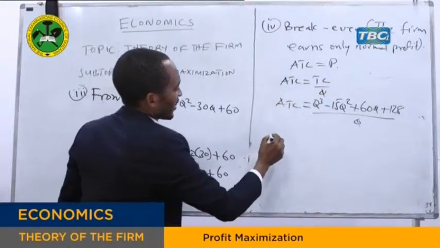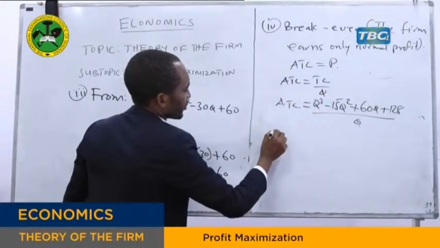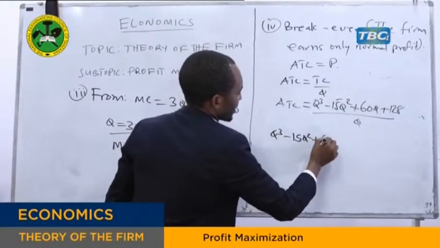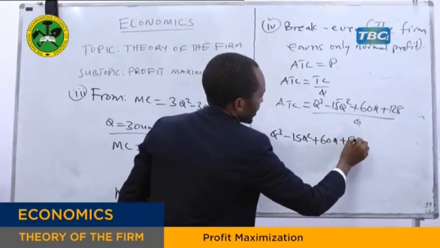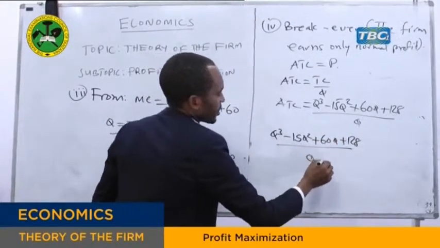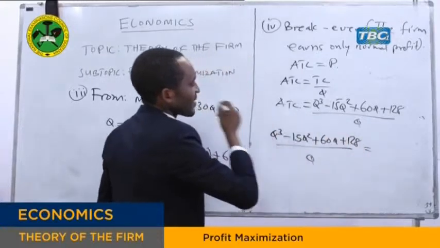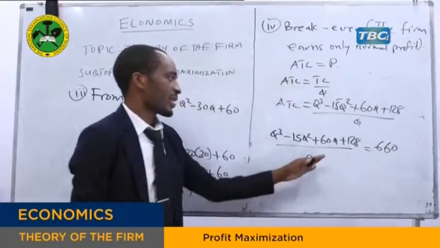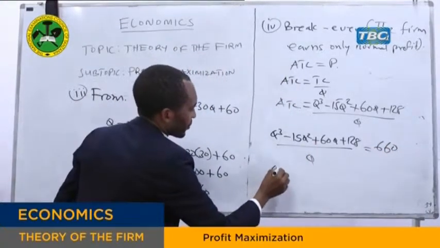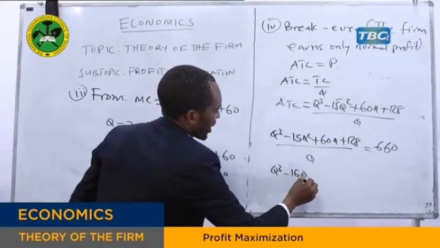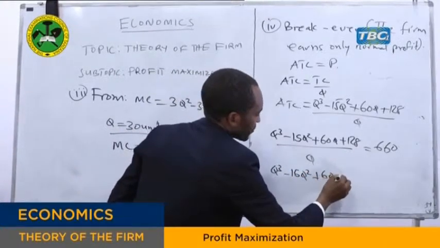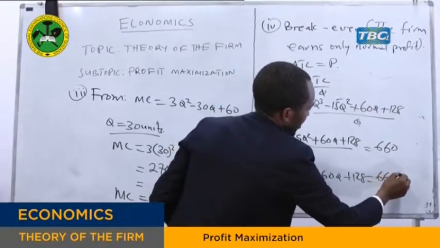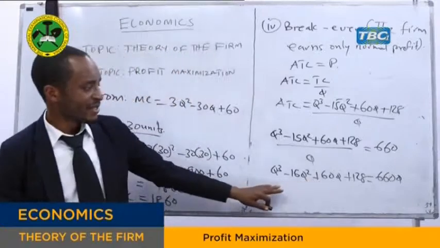So the average total cost, which is Q cubic minus 15 Q square plus 60Q plus 128 over Q, should be equal to the price, which is 660. So when you multiply, Q cubic minus 15Q square plus 60Q plus 128 will be equal to 660Q. So collect like terms.